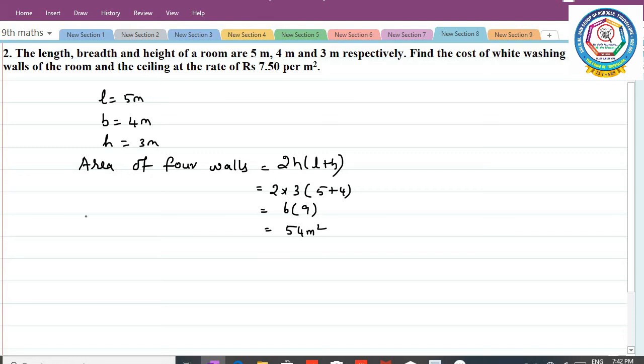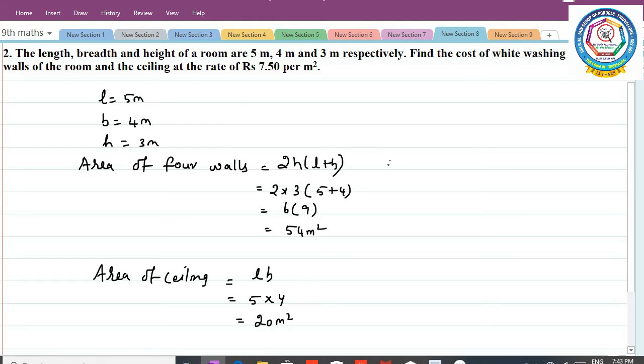Next we have to find out ceiling. Area of ceiling. Ceiling looks like a rectangle shape. So what is the area of rectangle? LB. Length is 5, breadth is 4. Equal to 20 meters square. So here what the question is, find the cost of whitewashing wall as well as ceiling.